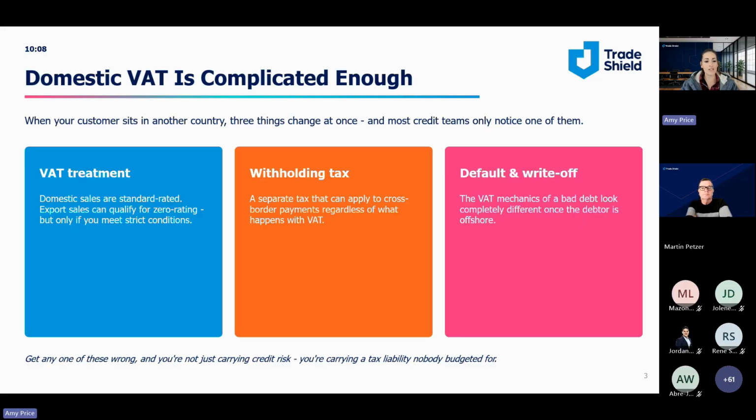So the first one, which is VAT. The VAT treatment itself does change. So an export sale can qualify for what's called a zero VAT rating, okay, meaning that VAT is charged at 0%. So in South Africa, the VAT rate is 15%, and certain foods, like, for example, bread, are 0 rated VAT items.